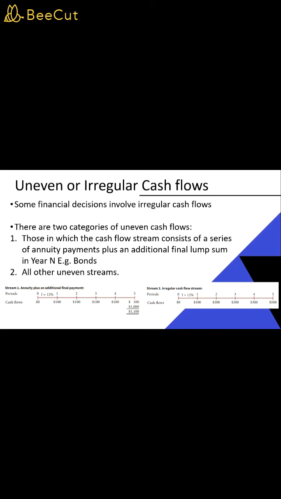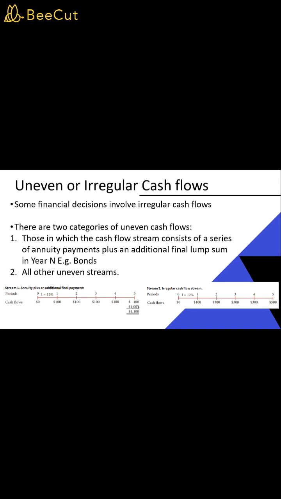Now, generally speaking, there are 2 categories of uneven cash flows. The first one is that of an annuity. Just for reference, on the slide on the left-hand side, you can see what's happening in an annuity. Here you are getting regularly $100, right?